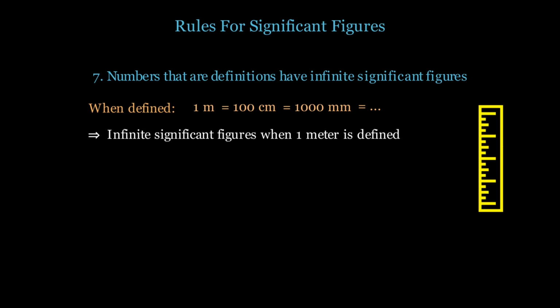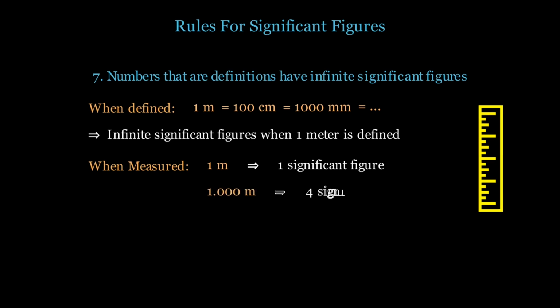When you measure 1 meter though, say using a meter stick, without decimal precision, and obtain the length rounded to the nearest meter as 1 meter, then it has one significant figure. Or if you use a measuring device with precision up to millimeters and obtain 1.000 meters, that has 4 significant figures.